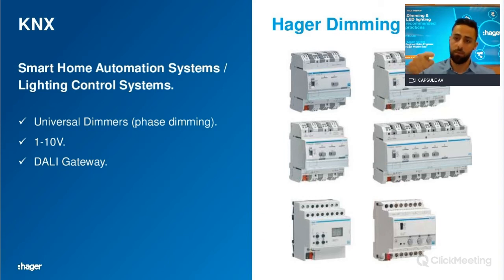You can put the channels in parallel and increase or double the load. We will come to the next slide to see more information on the load. Also, we have the 1 to 10 volt, of course, and we have the DALI gateway. So we have mostly all the solutions that projects need.